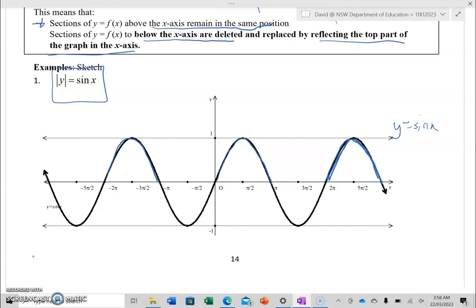And then we take those bits where the original graph is above or equal to the x-axis and we reflect them in the x-axis. So it'll look like this. We get what looks like Easter eggs. Notice where the original graph was below the x-axis has been deleted.